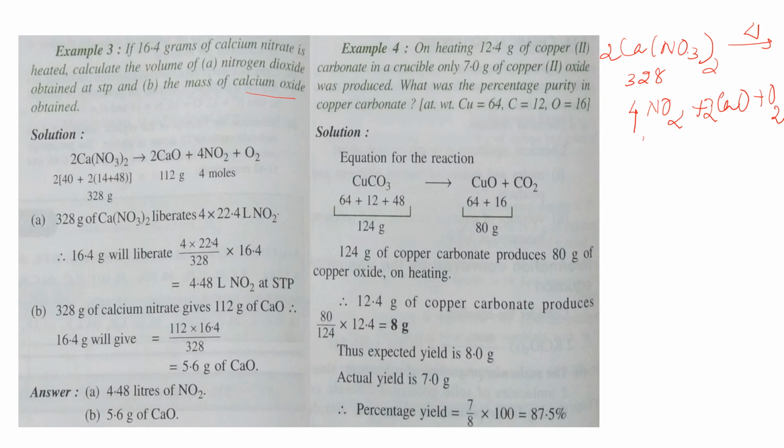Now, this is your 4 moles. That means 4 into 22.4 liters because it is a gas. Okay, then find out for CaO. This is also 2 CaO. It is coming 112. Now you have to find out the nitrogen dioxide obtained. So 328 gram of calcium nitrate is liberating 4 into 22.4 liters of NO2.